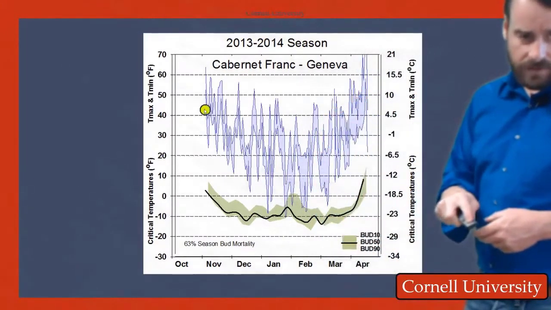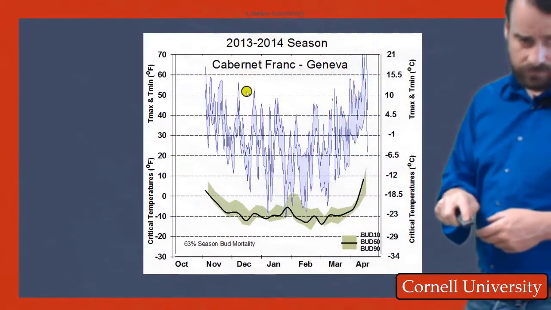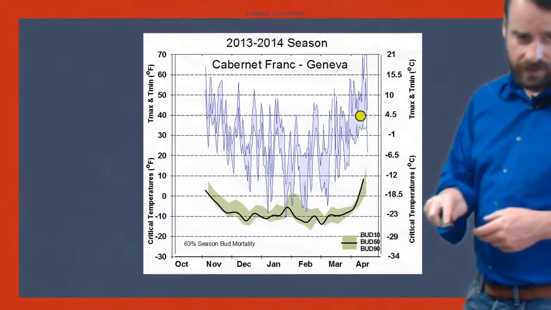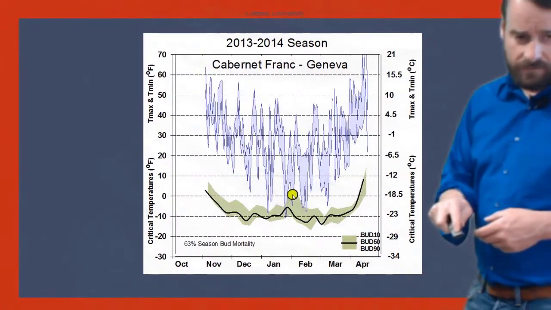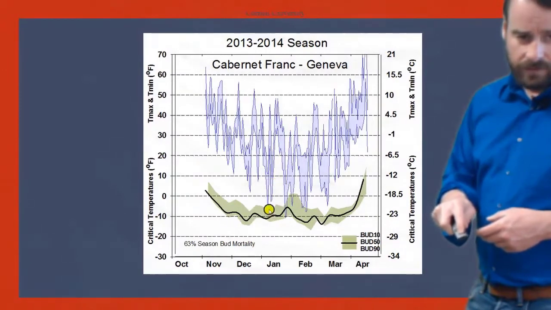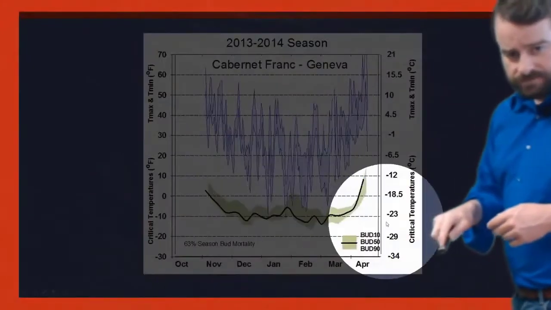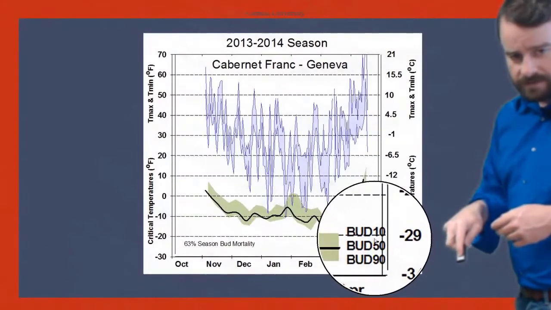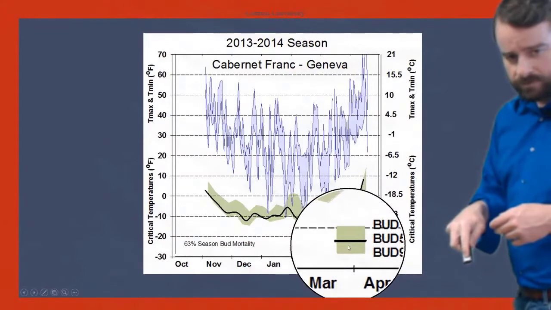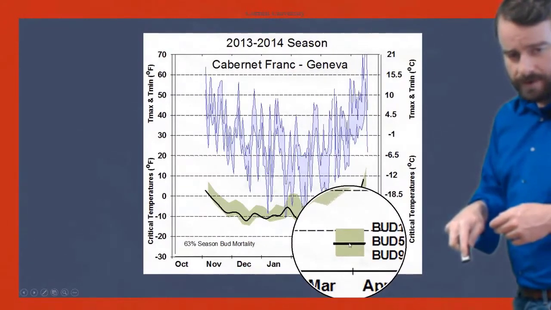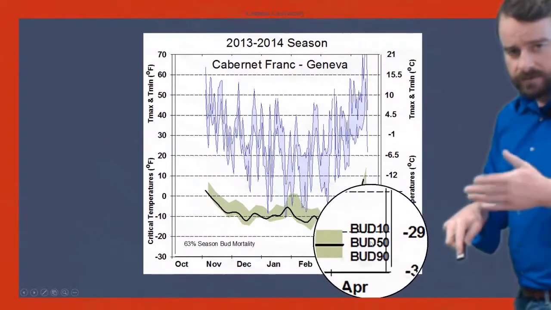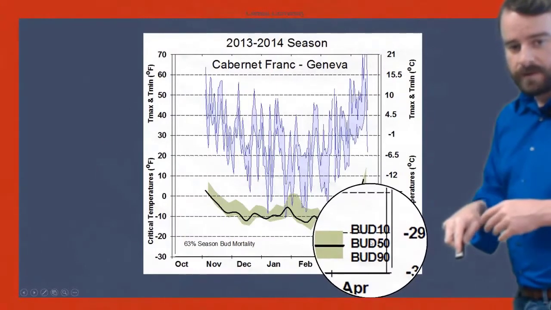So this here is the actual temperatures being measured by a weather station. And then the green line represents the top. Once the blue line goes through into the green, you've reached a LTE 10. Once you touch or go past the black line, you've reached LTE 50, so 50% of your buds have died.